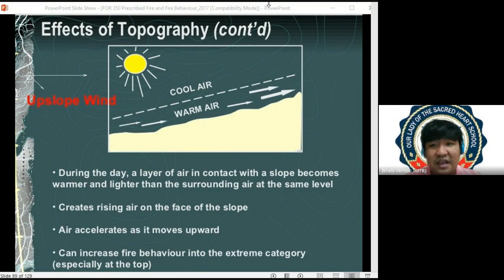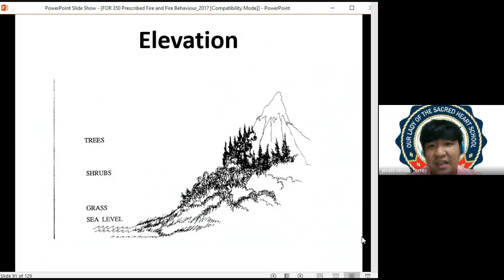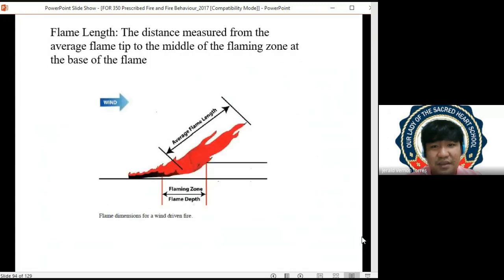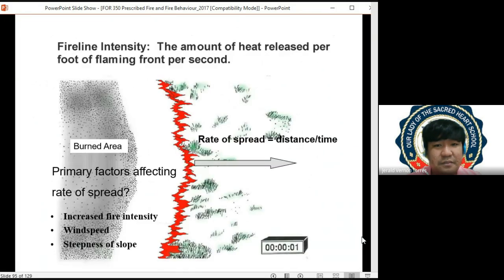And we call this an upslope wind event, kung saan umaangat yung fire natin due to the movement of wind upwards, due to difference in density. So, yan yung mga possible effects ng ating elevation. Ayan, I think na-discuss ko naman ito sa inyo.